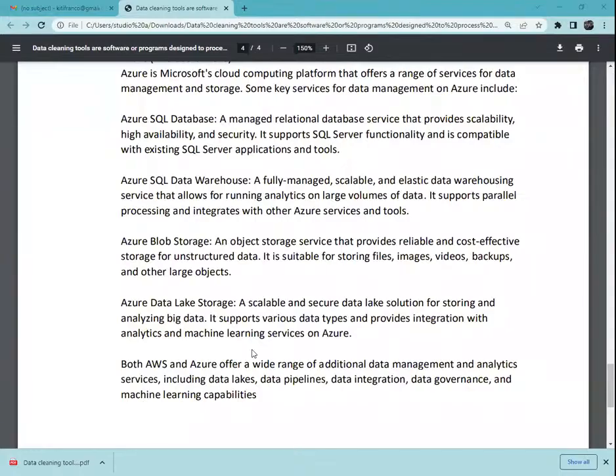It supports various data types and provides integration with analytics and machine learning services on Azure. Both AWS and Azure offer a wide range of additional data management and analytics services, including data lakes, data pipelines, data integration, data governance, and machine learning capabilities.